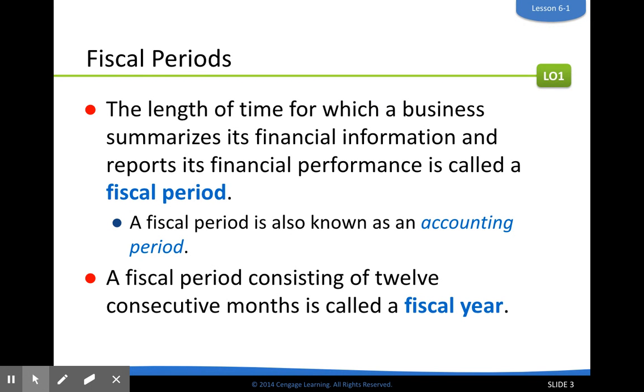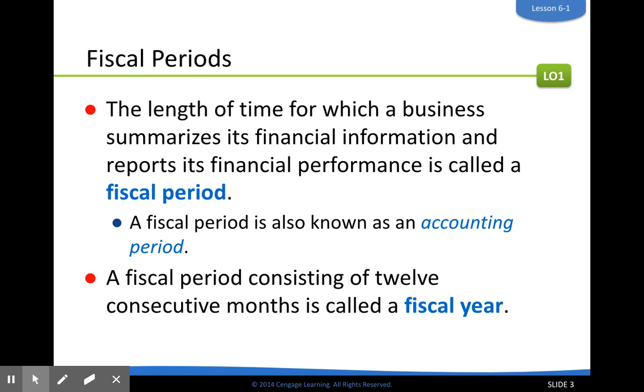So a fiscal period, that's the length of time a business summarizes its financial information. So this would be consistent from year to year. A fiscal period can also be known as an accounting period. And oftentimes, the fiscal period consists of 12 consecutive months, which we call a fiscal year. So the fiscal year doesn't always start on January 1st and end on December 31st.